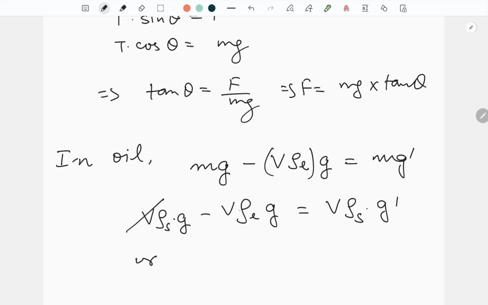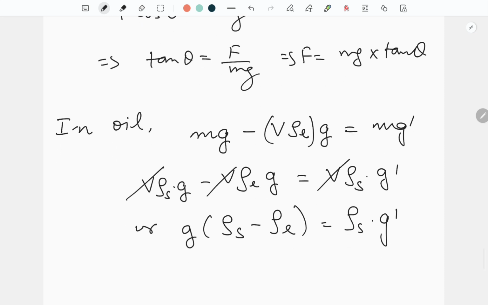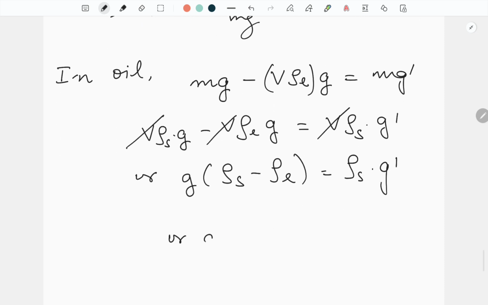Okay, so V gets cancelled on both sides. G as rho s minus rho of liquid becomes rho s g dash. So from here you will get g dash as g multiplied by 1 minus rho l by rho s.